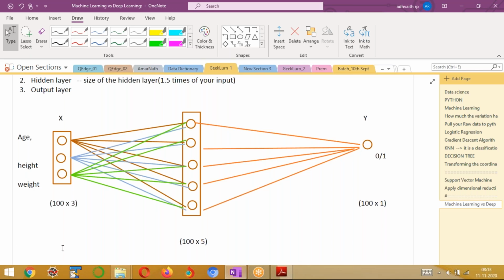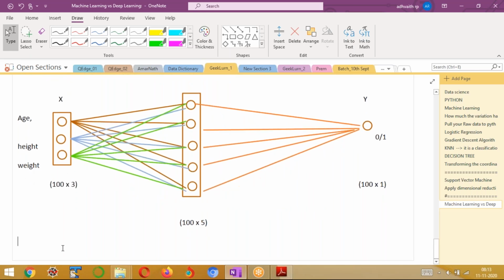This entire thing is called a simple neural network, like a mesh topology.